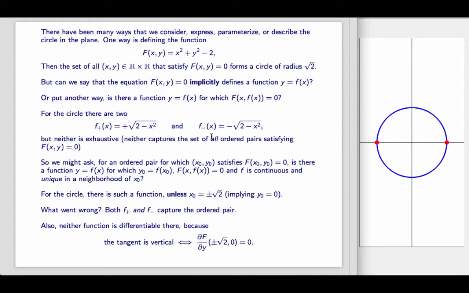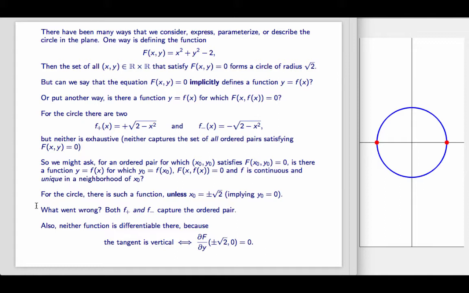Well, what went wrong there? Why can't we answer this question in the affirmative if x naught is plus or minus the square root of 2? Well, both f plus and f minus pass through that ordered pair, square root of 2 comma 0 or minus square root of 2 comma 0. So certainly there's no unique function that captures it.